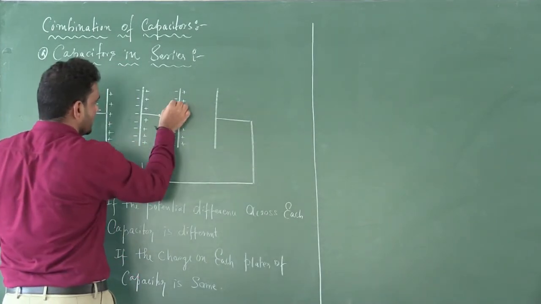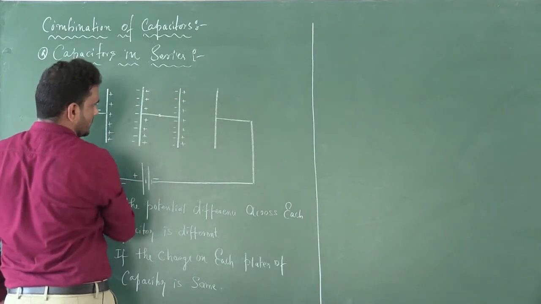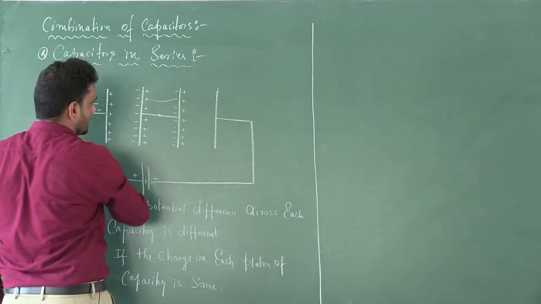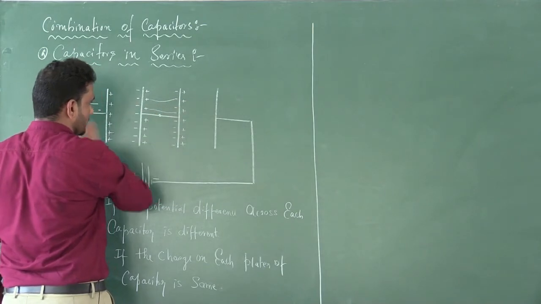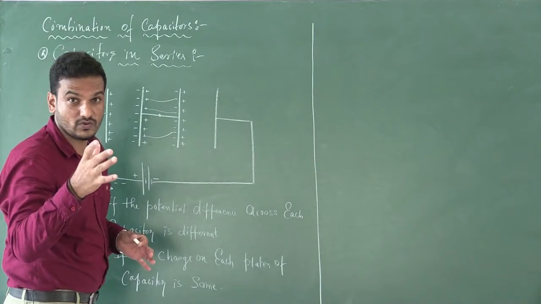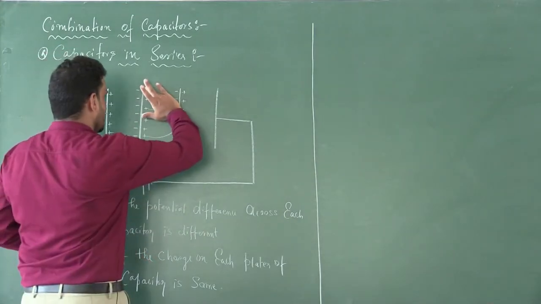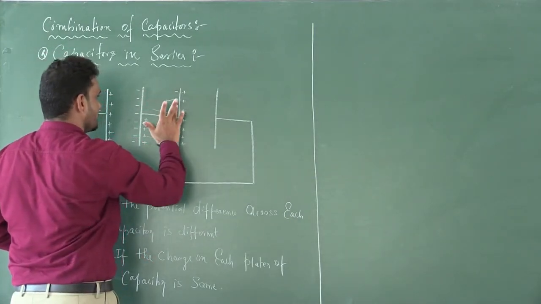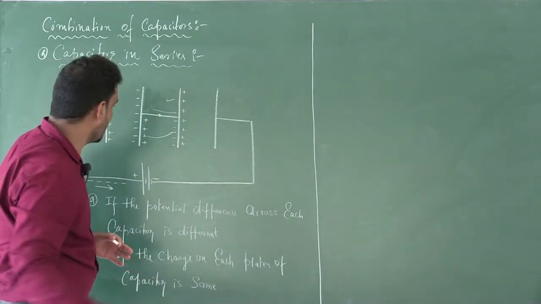So what will happen? They start moving towards the positive charge. They will combine. This negative charge combines with a positive charge, they get neutralized. So here charges won't be there because they get neutralized.